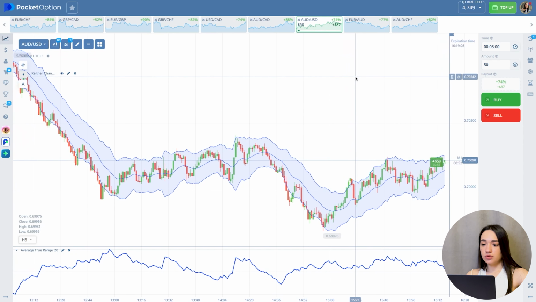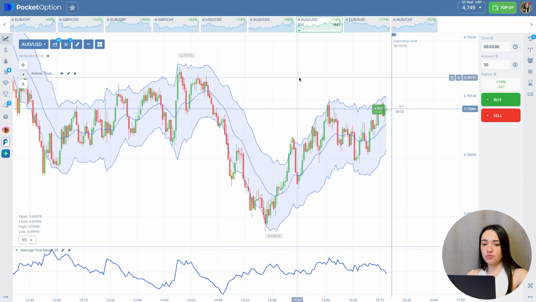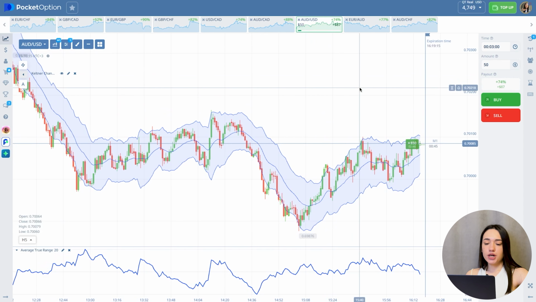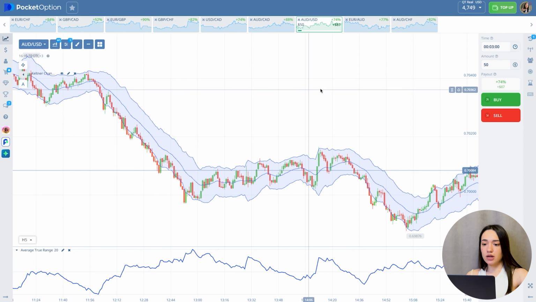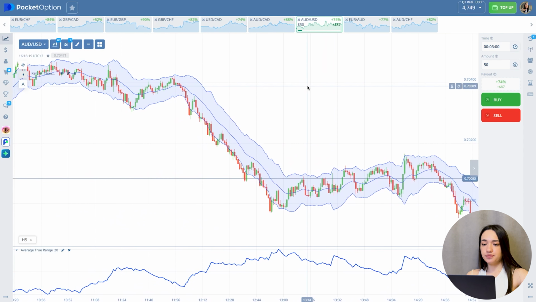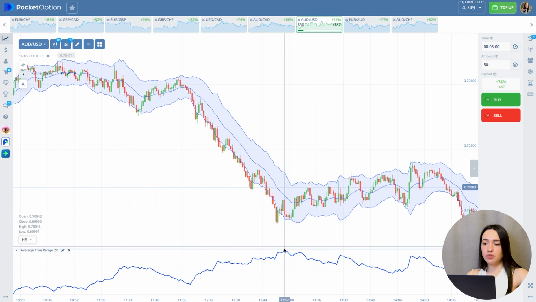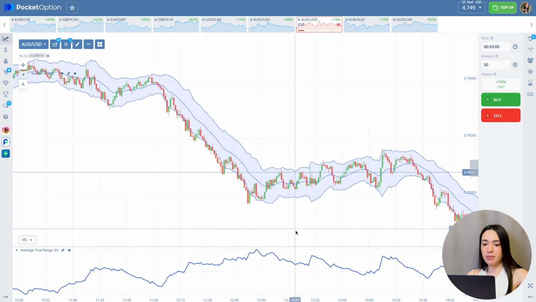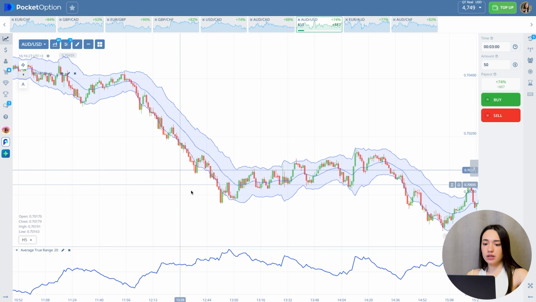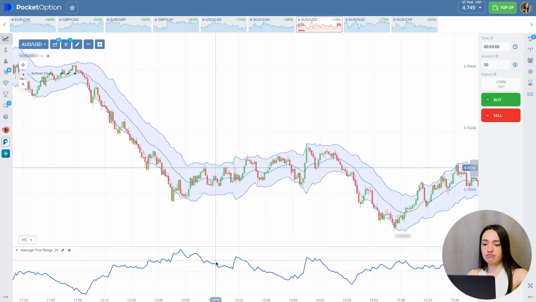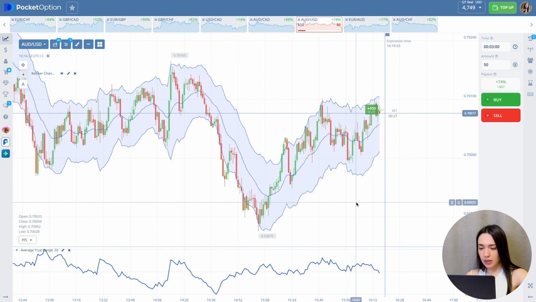What it shows us is the appearance of some upward dynamics, and we see that earlier the trend was downward, and ATR was rising, reaching peaks, and in general there was good movement and good volatility.